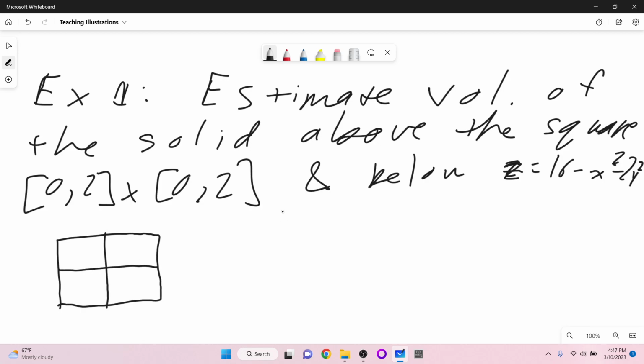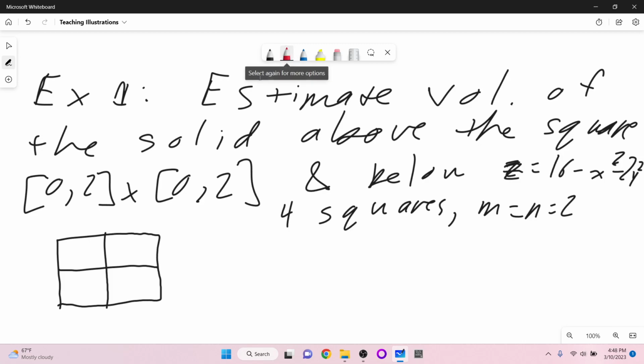So let's say 4 squares, m and n are both 2. This will be used in the book to say how much to divide it up by. So the y's are m and the x's are n. At least that's how I think they have it. I'm pretty sure that's okay. You can always look it up if you need to.